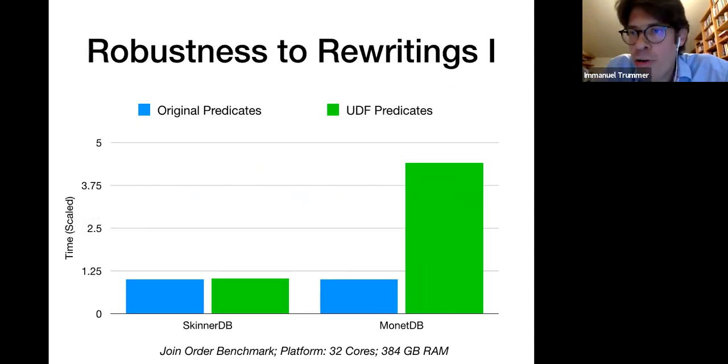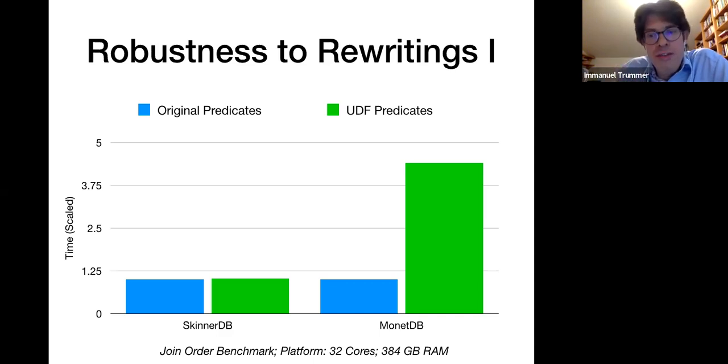A nice thing about our approach is that our performance is very robust towards different ways of formulating the same query. For instance, if we take, just for fun, the join order benchmark and replace all unary predicates by user-defined functions, then that has a big impact on traditional query optimizers because they might select join orders that are way worse than if they have more information. But in our case, it doesn't really matter because we assume by default that every predicate is a black box for us.